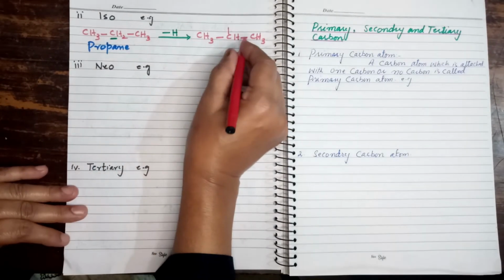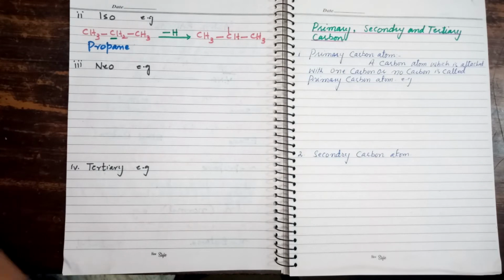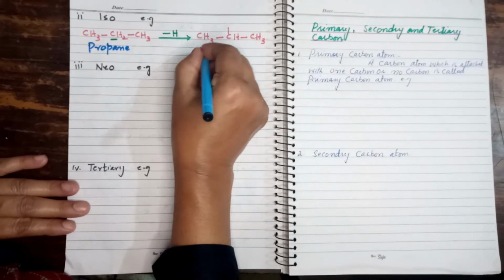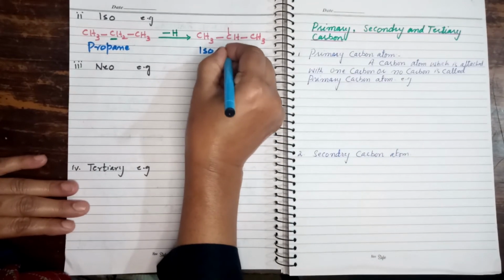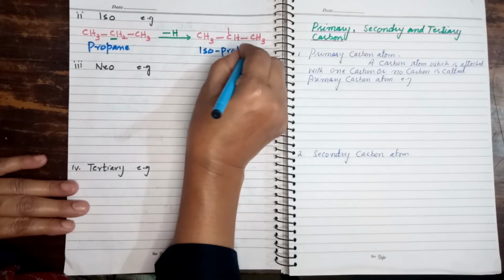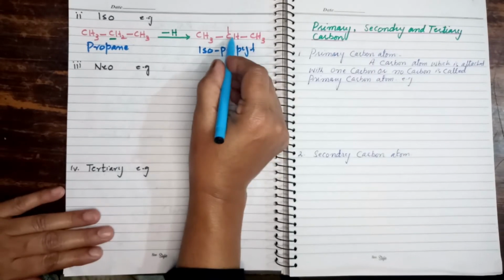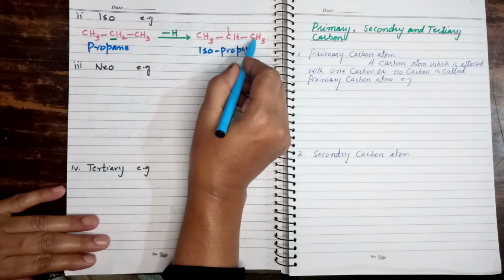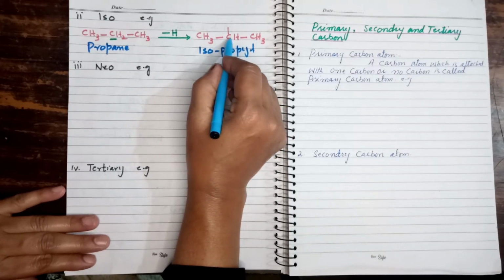So this radical is known as isopropyl radical. In isopropyl radical, 2 alkyl groups are connected with the same carbon atom, right?